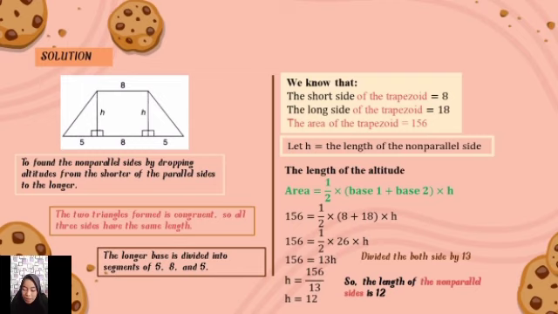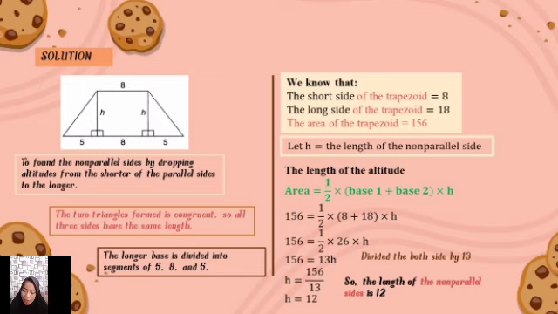We know that the short side of the trapezoid is 8, and the long side of the trapezoid is 18. The area of the trapezoid is 156.